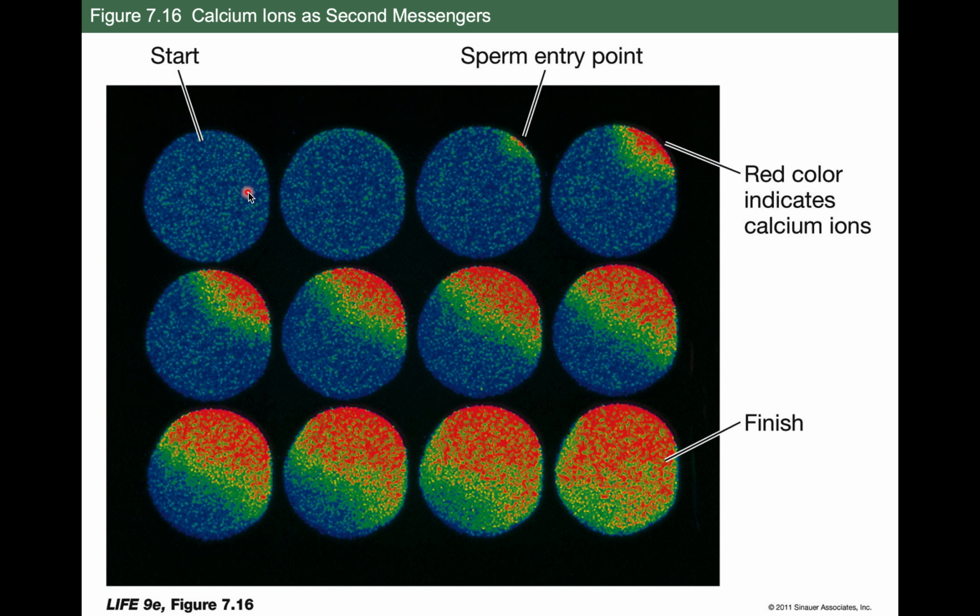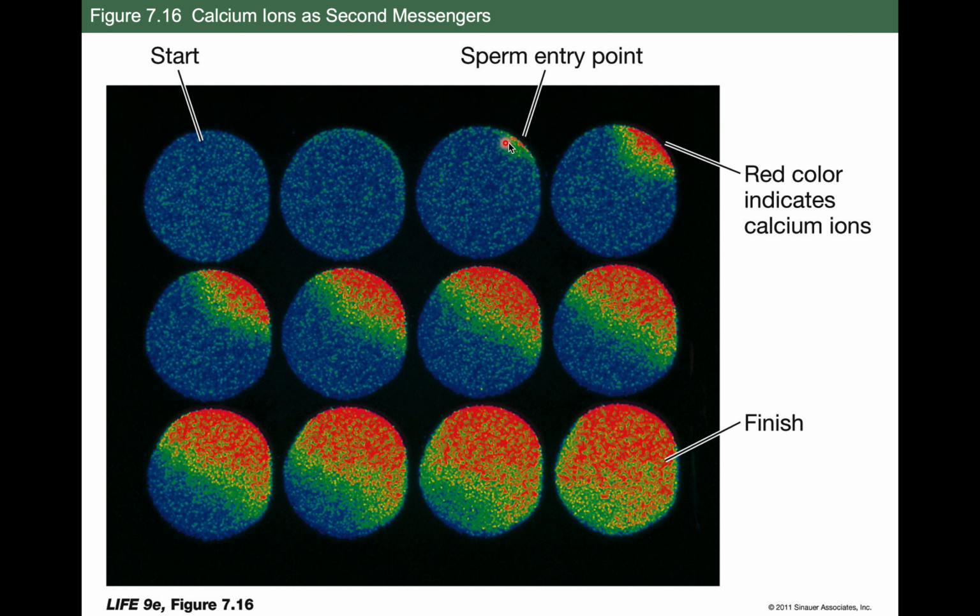This is calcium imaging of a human egg, where blue color indicates low calcium levels and red indicates high calcium levels. And you can see in an unfertilized egg, so this is kind of a time series here, if we start in the upper left corner, we have an unfertilized egg, and you can see calcium levels are very low, right? That egg has been pumping calcium actively out of the cytoplasm.